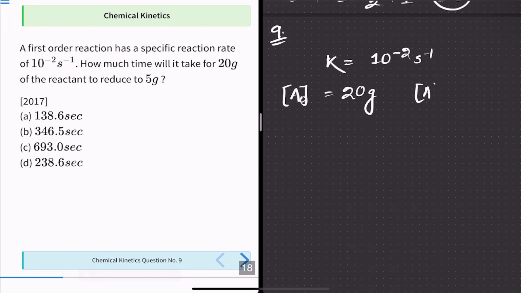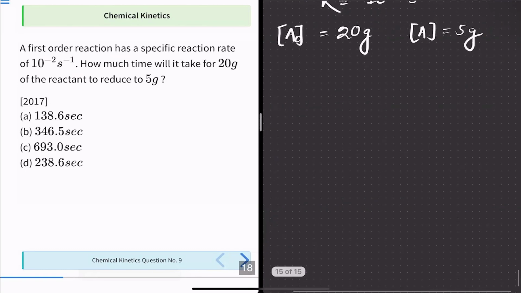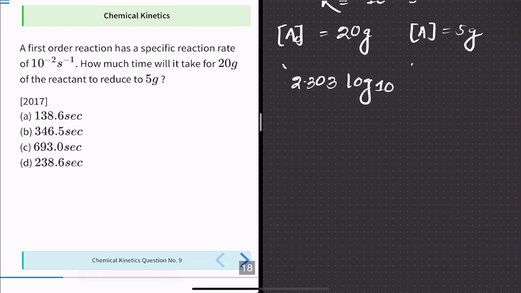The final concentration A is equal to 5 gram. So the equation would be 2.303 log 10, as it is a first order reaction, A naught divided by A is equal to KT.